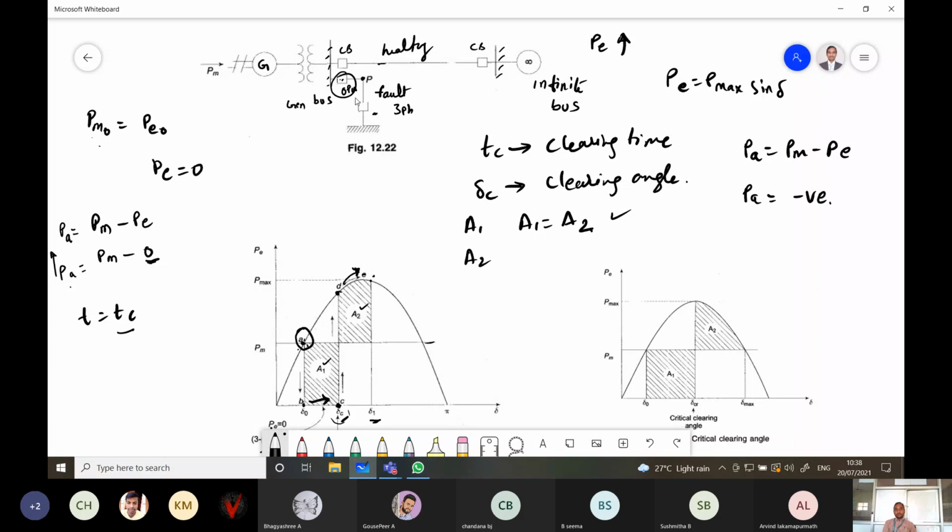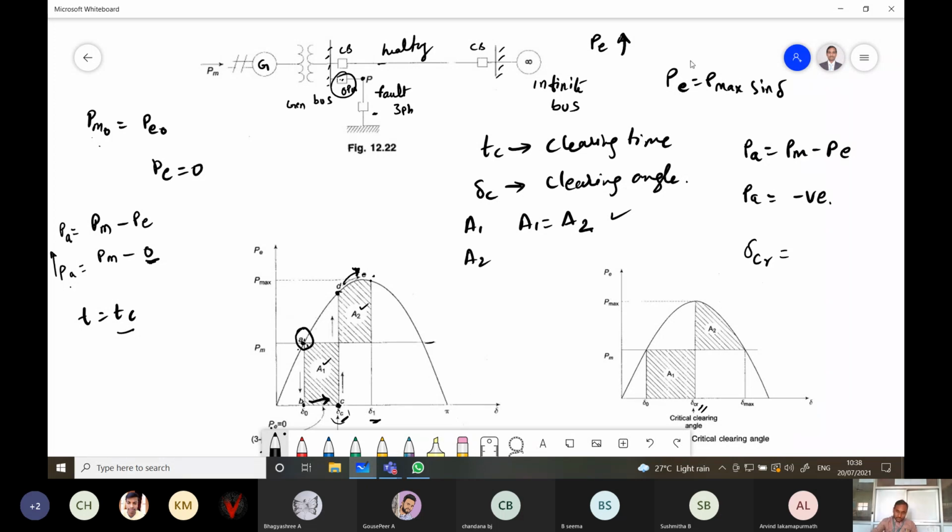If the operating time of the circuit breaker is delayed, this delta C will increase. That is called delta CR, the critical clearing angle. If time increases, delta also increases from delta C to delta CR.